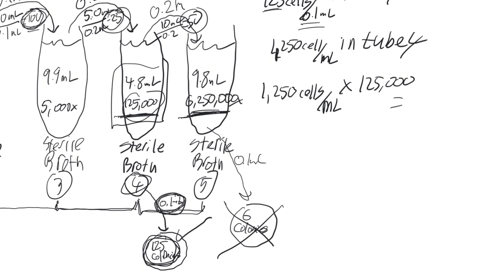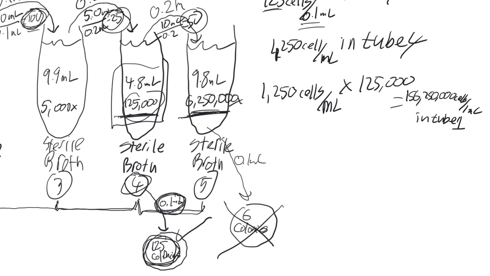So when I do that, I get a really big number, and you can run your calculations with me, but I get that there are 156,250,000 cells per 1 milliliter in tube 1, in the very first tube, in that original stock culture of bacteria.